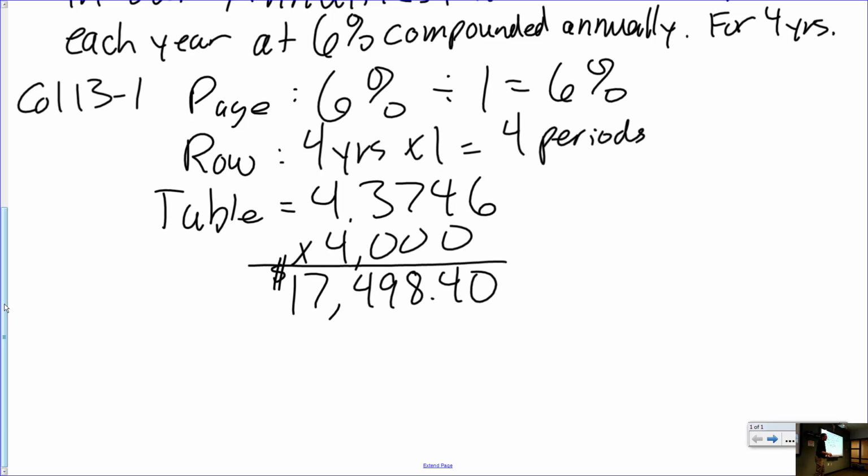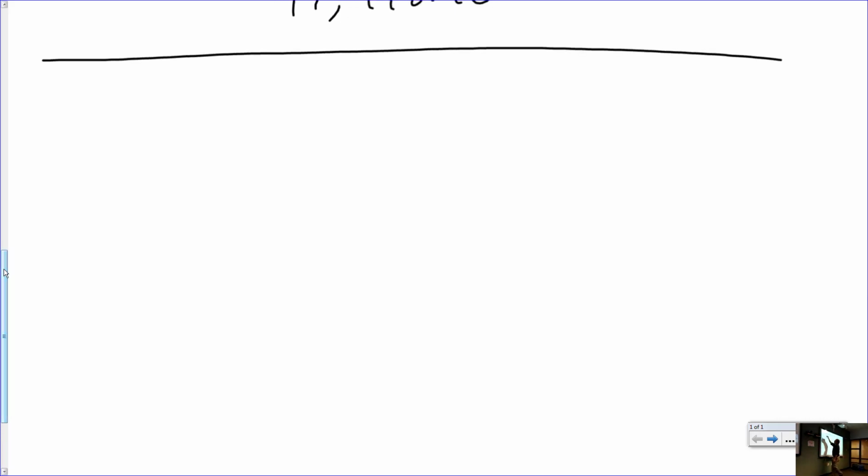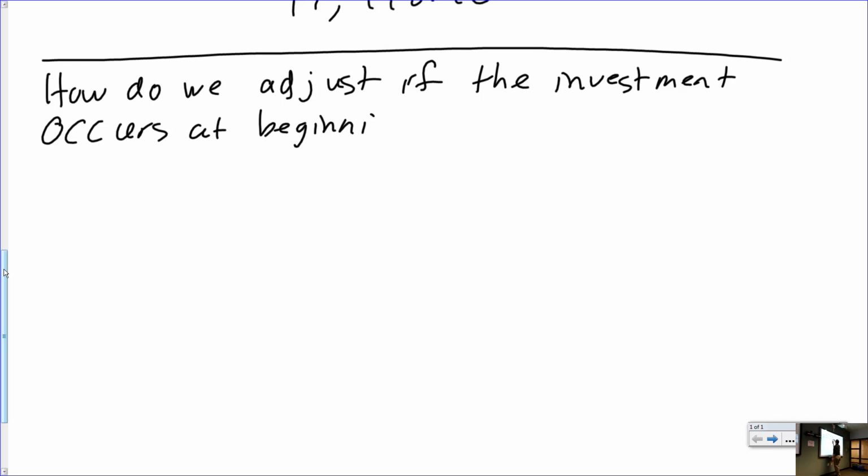Now, how does it change when we start getting an annuity due instead of an ordinary annuity? How do we adjust if the investment occurs at the beginning of each year?